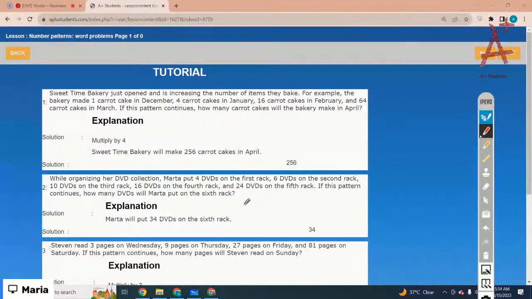The next example is, while organizing her DVD collection, Marta put 4 DVDs on the first rack, 6 DVDs on the second rack, 10 DVDs on the third rack, 16 DVDs on the fourth rack, and 24 DVDs on the fifth rack. If the pattern continues, how many DVDs will Marta put on the sixth rack?